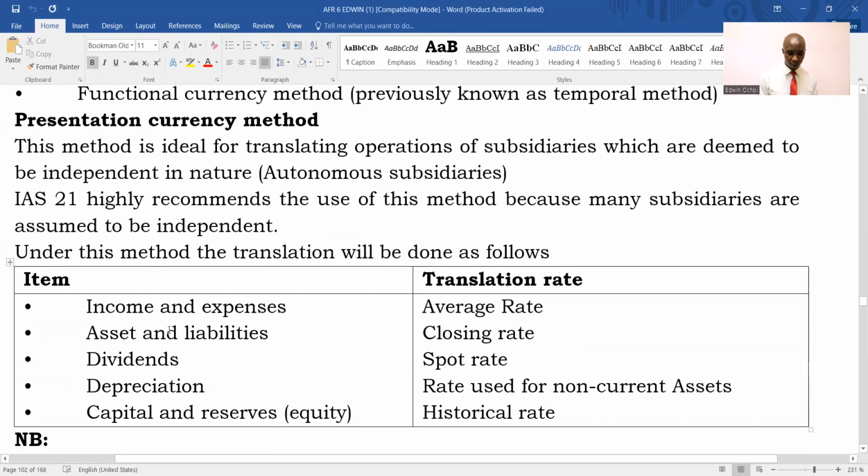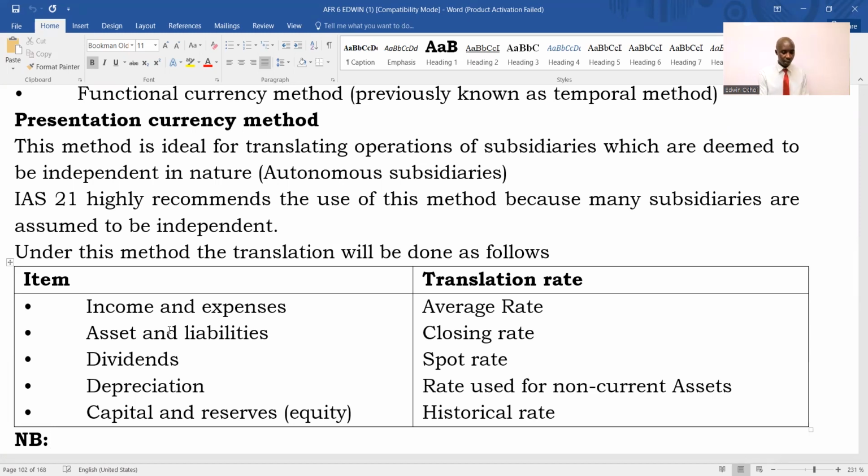When translating the operations of the foreign subsidiary using this method, remember that we have various variables to deal with: income and expenses, assets and liabilities, dividends, depreciation, capital and reserves. You need to know the translation rate for each.